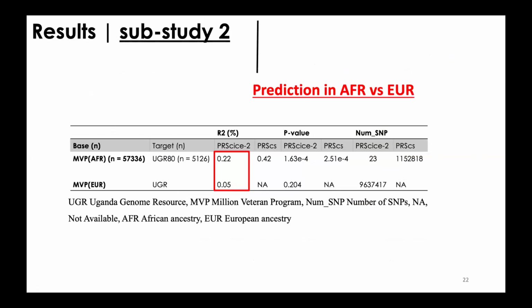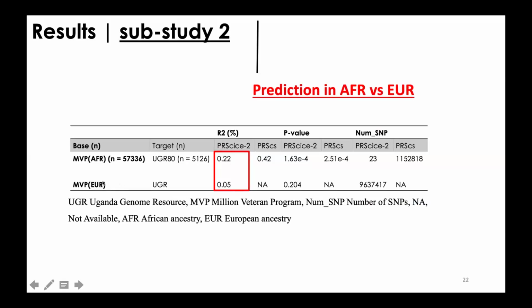Okay, then we also tried, not to take the literature at its word, to tease out what happens if we have a discovery cohort of Africans, and then we test it in Africans. We already saw that if we use PRS-CSx, we can only explain 0.22% variance in estimated glomerular filtration rate.